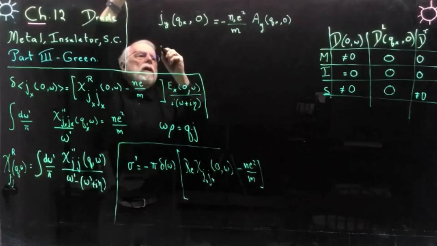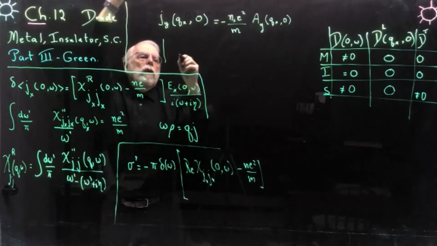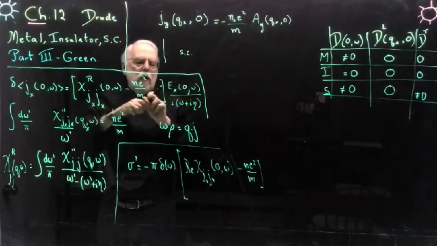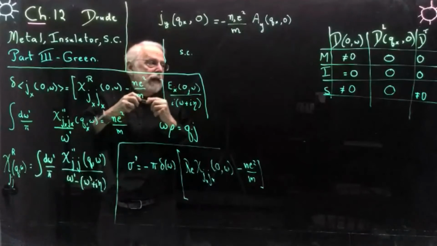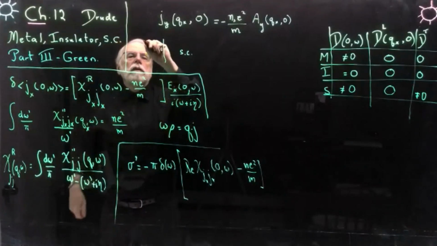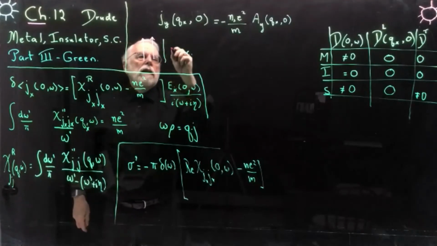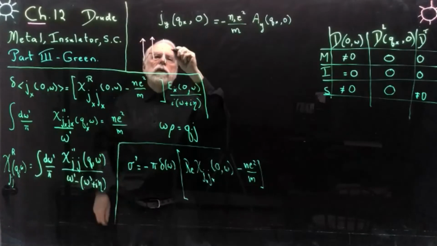Now let me tell you in advance what happens in the superconductor. If I have a superconductor here, and I come with some magnetic field, then in the superconductor it will penetrate just for a small distance called lambda.